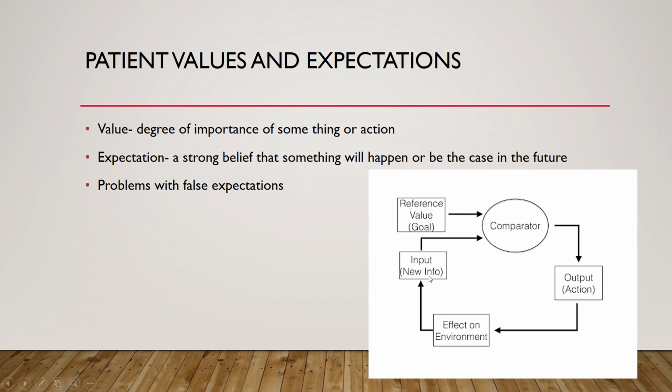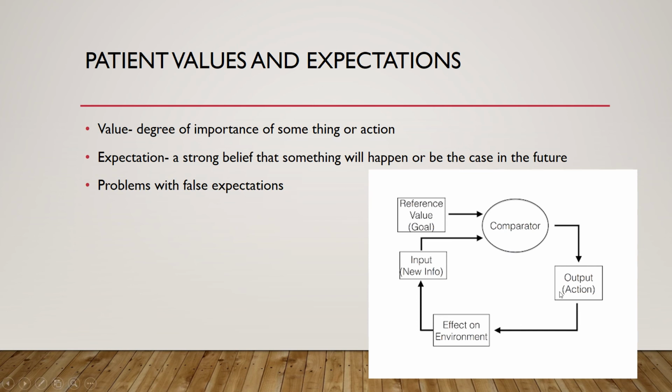So whenever there's new info that essentially tells us something contrary to what we believed, we compare to something idealized or what we think that we ought to be. And that leads to some type of output or action.